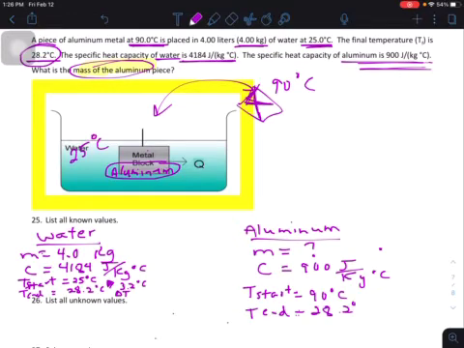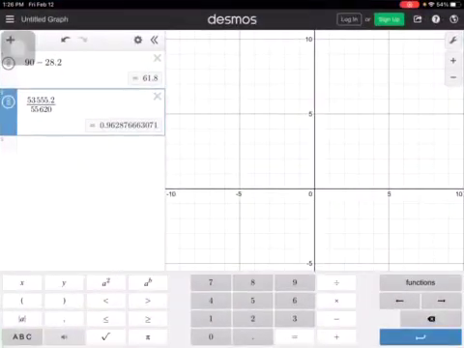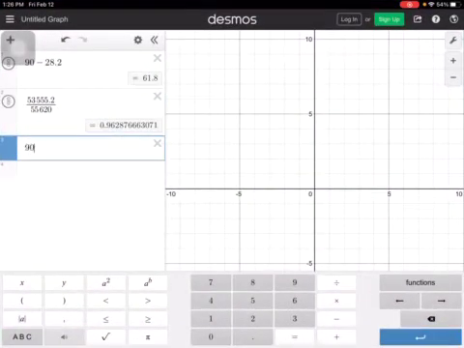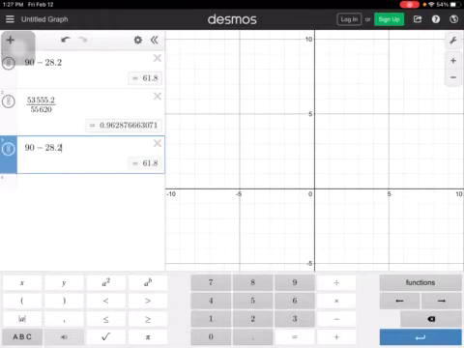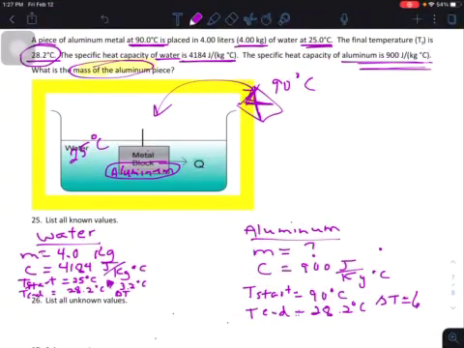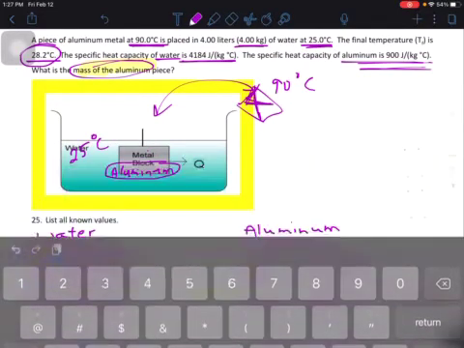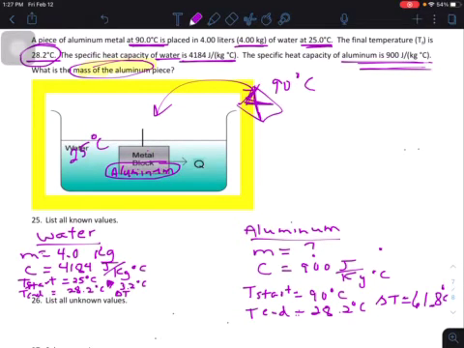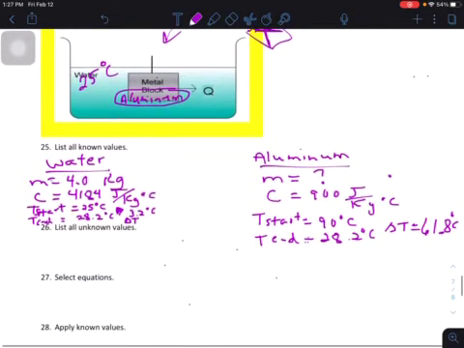They're both the same temperature. So we can calculate our delta T, our temperature change, by subtracting 28.2 from 90, and we get 61.8 degrees Celsius. The only thing we don't know is the mass of the aluminum.